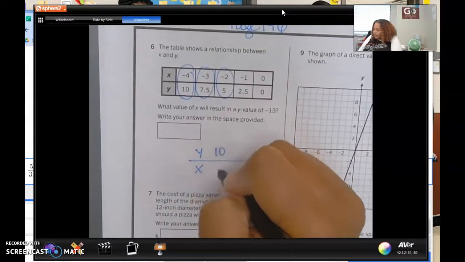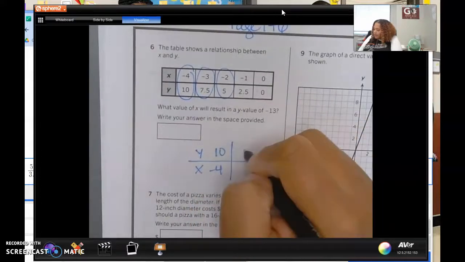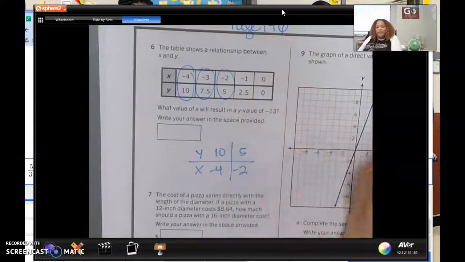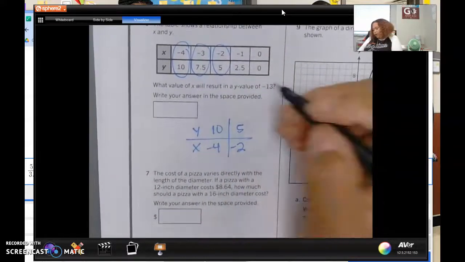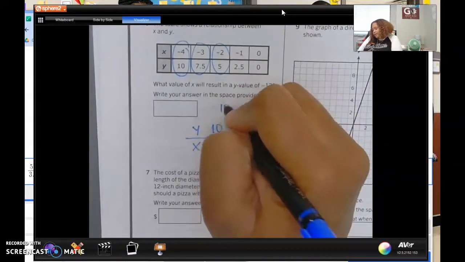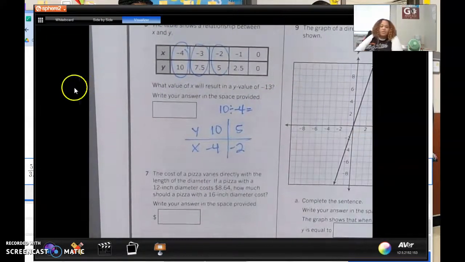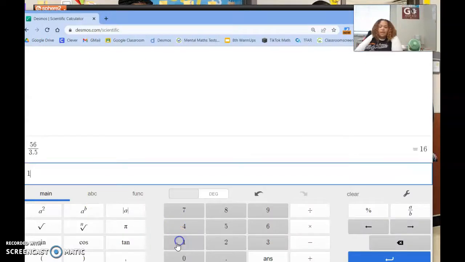I need 10 over negative 4 and 5 over negative 2. What am I doing to my 10 to get negative 4? So you could calculate 10 divided by negative 4, and that equals, Desmos, it should be negative 2.5.